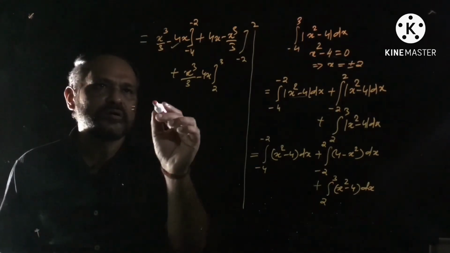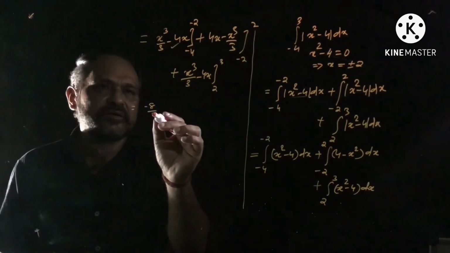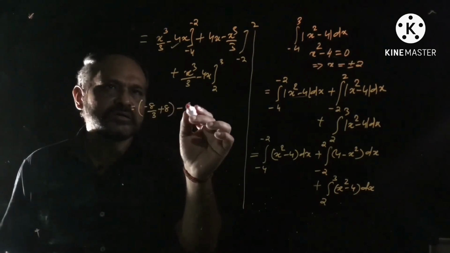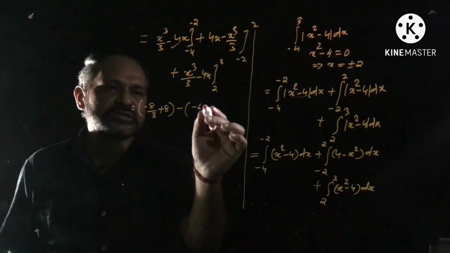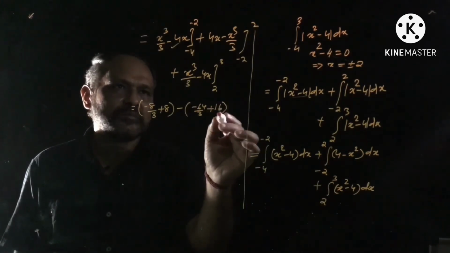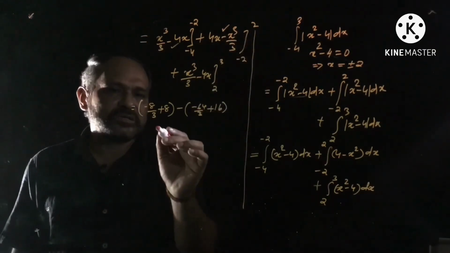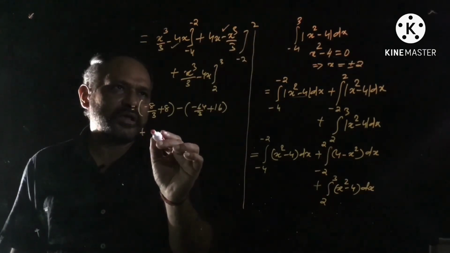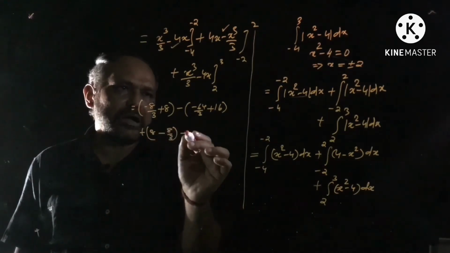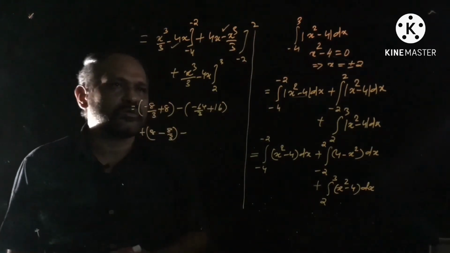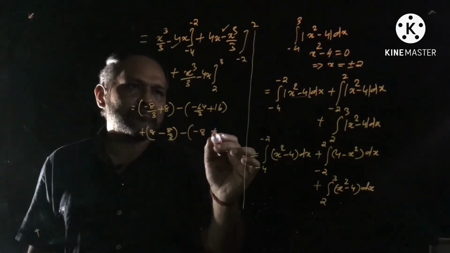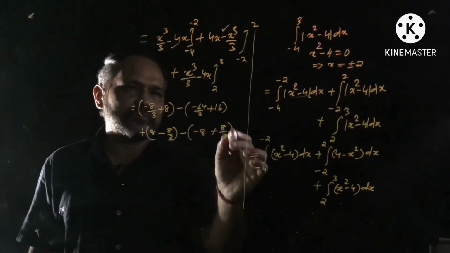First put x is equal to minus 2, then put x is equal to minus 4. So this is equal to minus 8 by 3 plus 8 minus 64 by 3 plus 16. For this, it is 8 minus 8 by 3 minus, if we put x is equal to minus 2, then this is minus 8 plus 8 by 3.